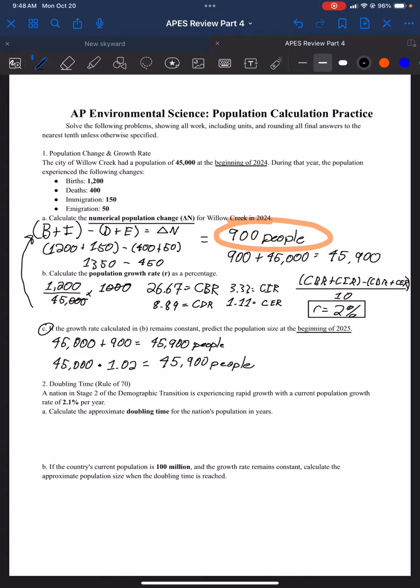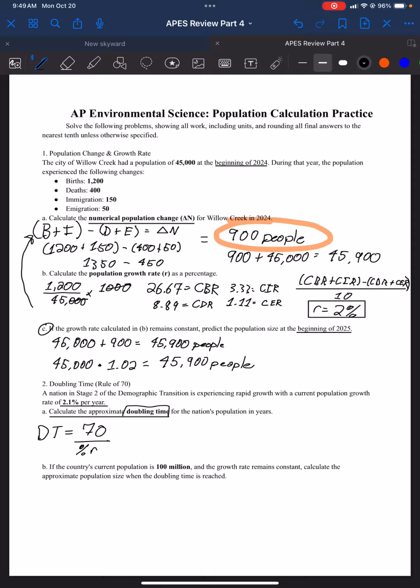Okay, so we have a growth rate of 2.1%. It says calculate the approximate doubling time for the nation's population in years. Now, whenever you see doubling time, your brain should immediately think rule of 70, which is dt, doubling time, equals 70 divided by your percent growth rate.